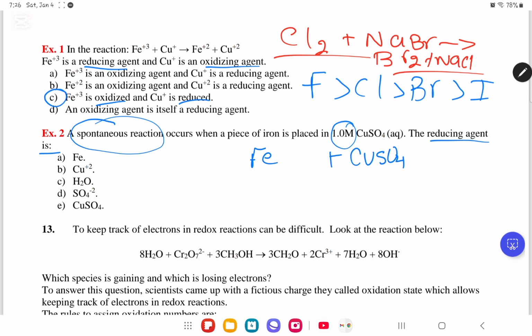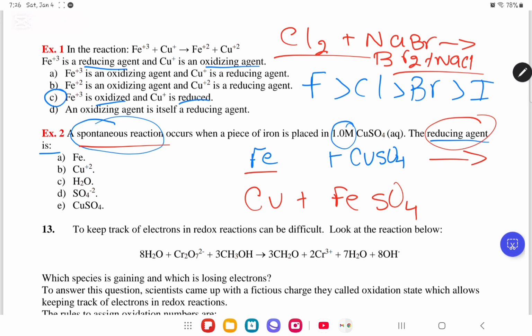This is the definition of a spontaneous reaction. So if they're talking about a spontaneous reaction, in this case it means that it was Fe plus CuSO4. It's then going to become Cu plus FeSO4. Now, how do we know which one is the reducing agent and which one is the oxidizing agent?